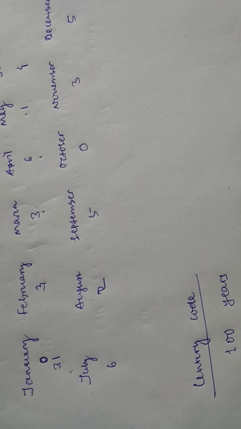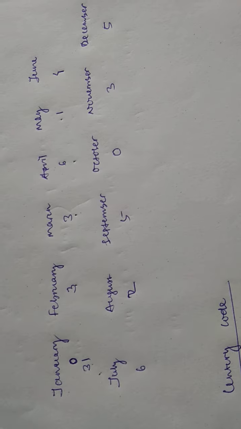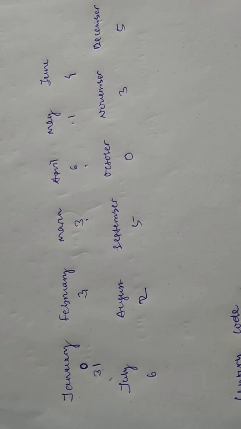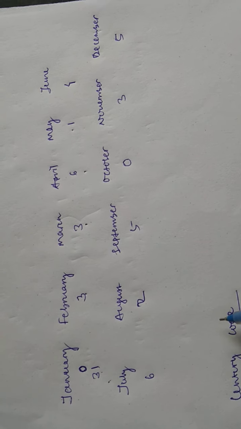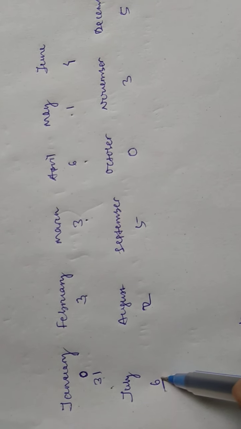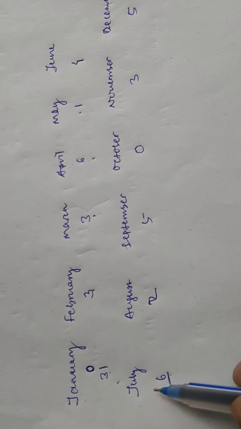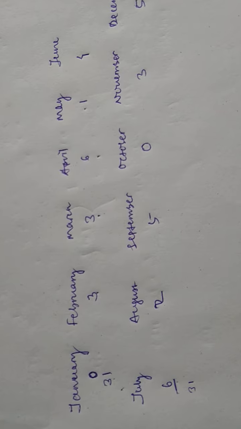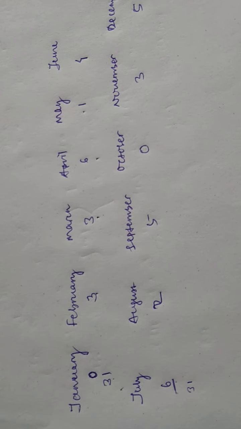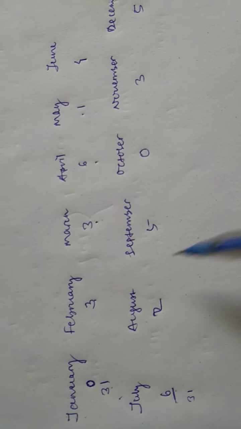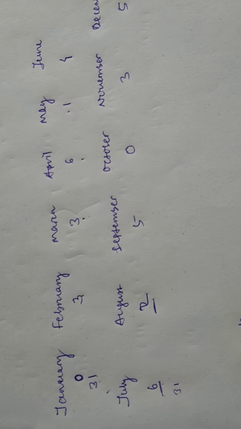And from June we get only 2 days extra, so we get 6. And from 6, for July we get 31 days, 3 days extra, 6 plus 3 we get 9, minus 7 we get 2 for August.